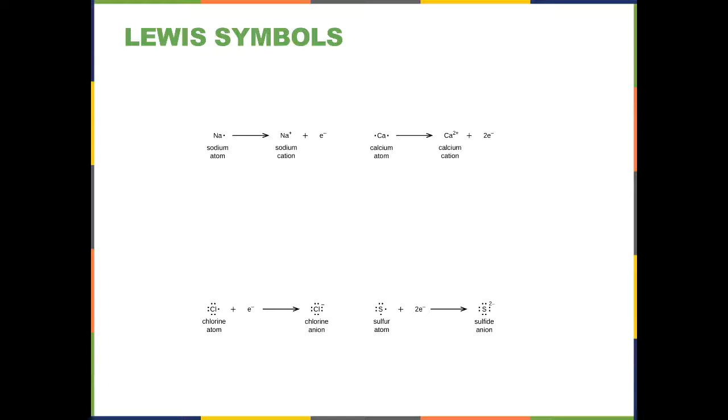But you do show it on the chlorine anion. The sulfur here is the symbol S for sulfur, and 6 dots, which represents the 6 valence electrons around the sulfur atom. You add the 2 electrons, again presumably from the calcium above, and you form sulfur with 8 dots around the outside. It's the sulfur anion.